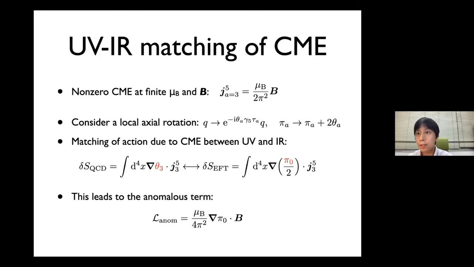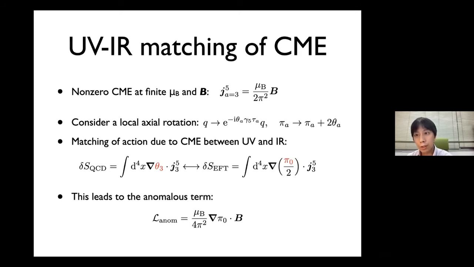This means that this chiral magnetic current must be reproduced at low energy in terms of the pion. This is very similar to the argument of the chiral anomaly, where the chiral anomaly relation is reproduced in terms of the pion.